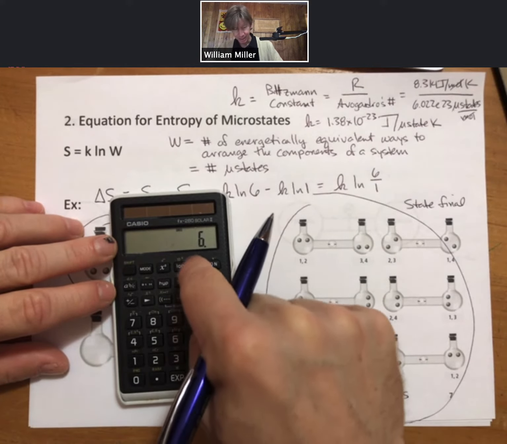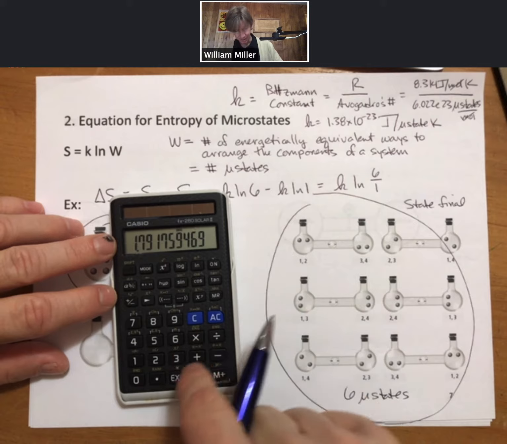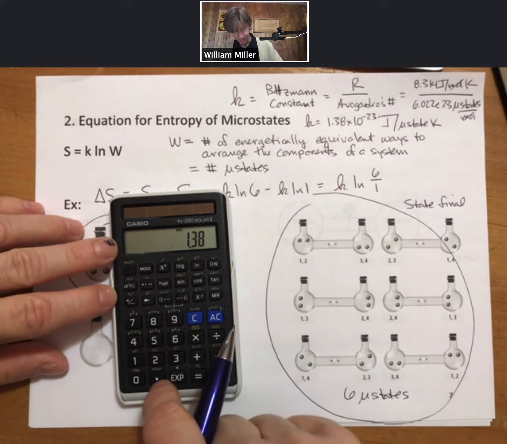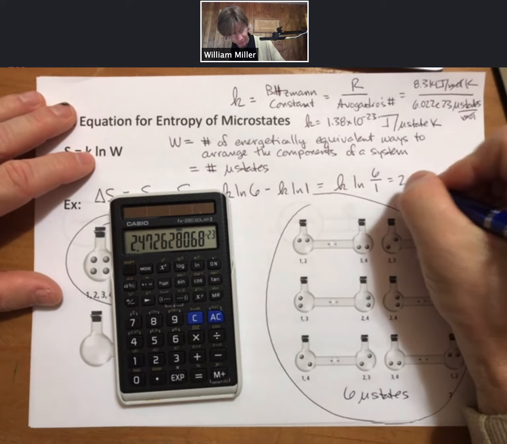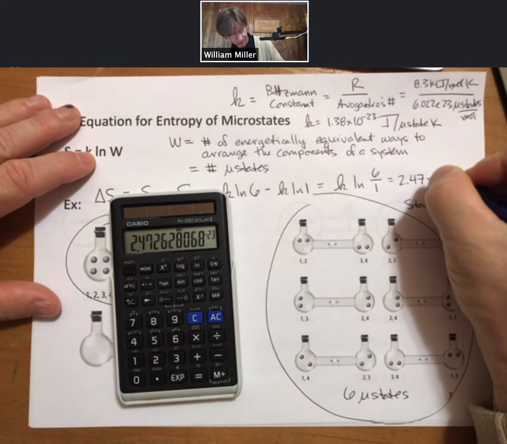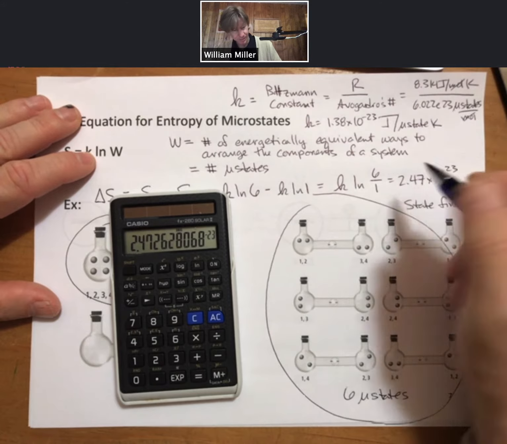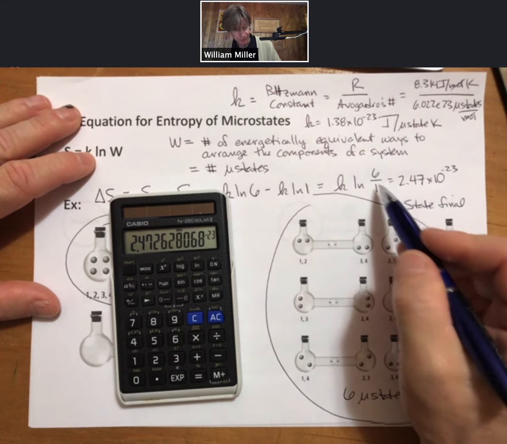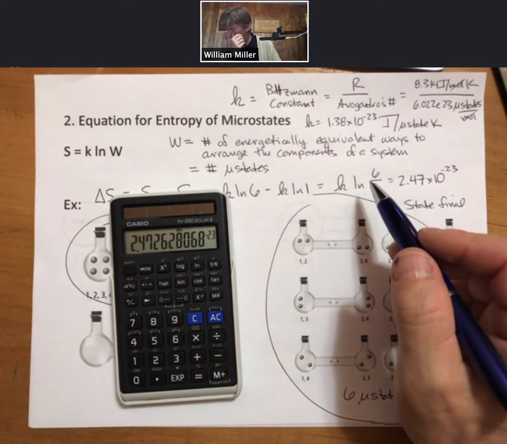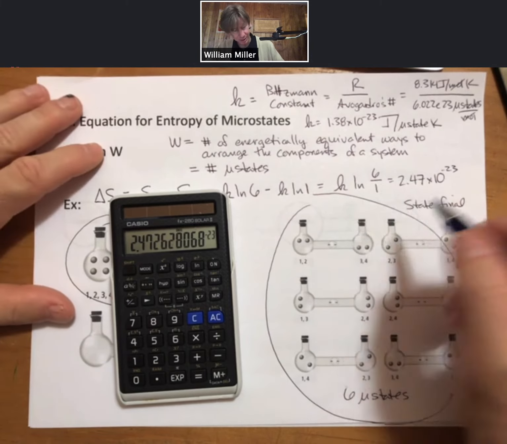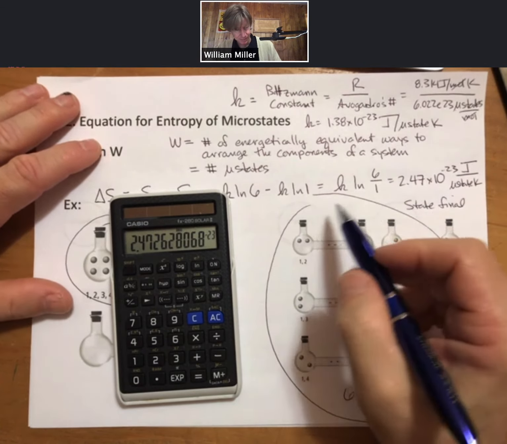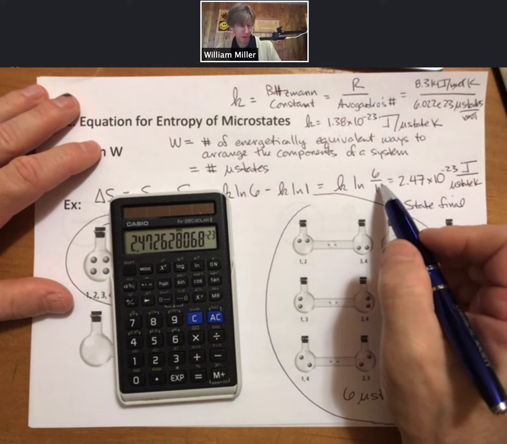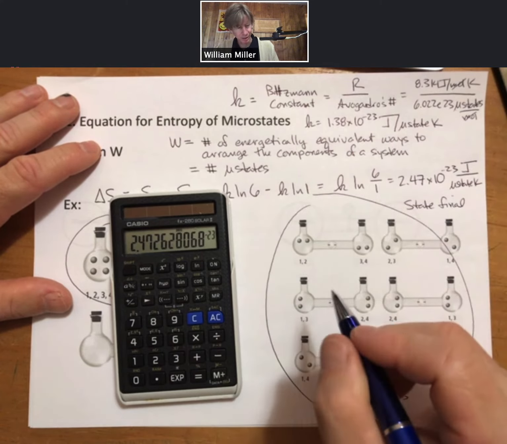Natural log of 6 times 1.38 times 10 to the minus 23rd equals 2.47 times 10 to the minus 23rd joules. Well, we've canceled out our microstate term here. Actually, no, we didn't. So it's joules per microstate Kelvin. There were no units on our microstates, but whatever they were, they would have canceled.